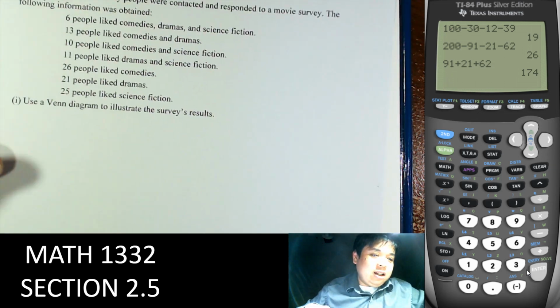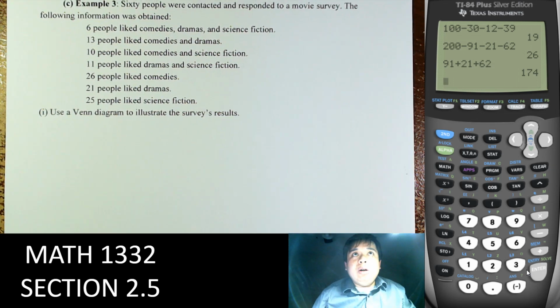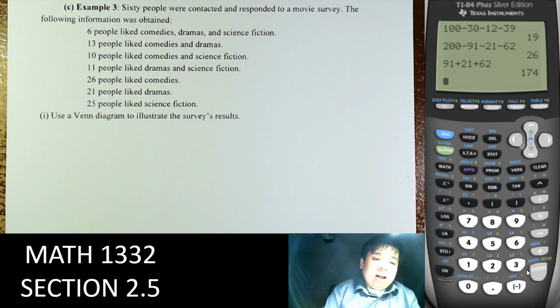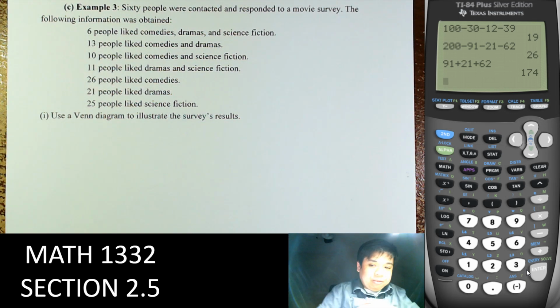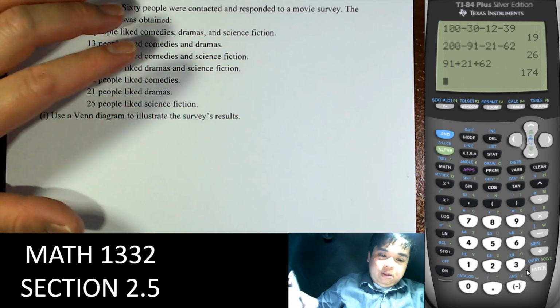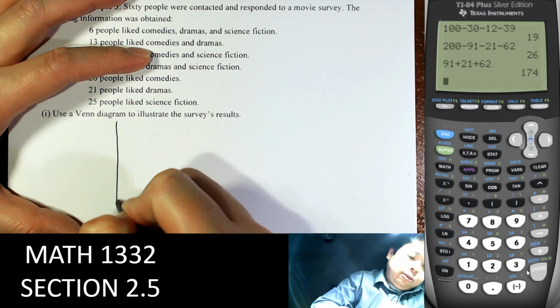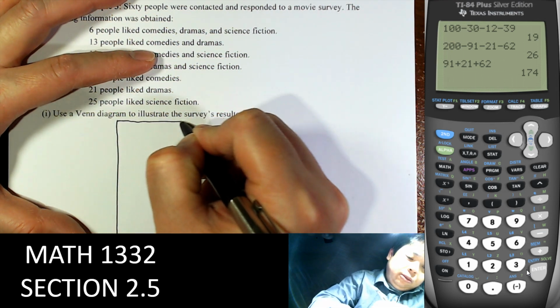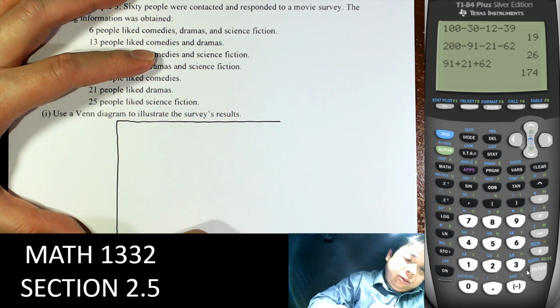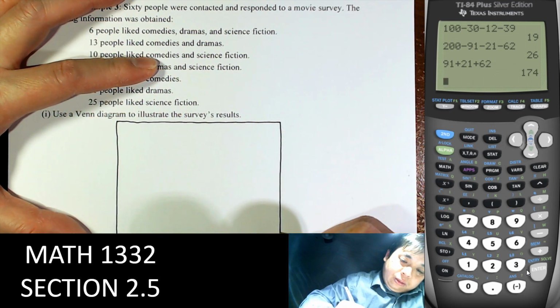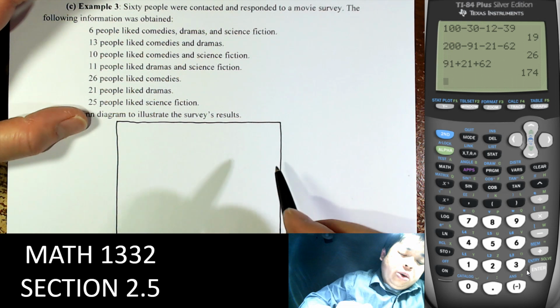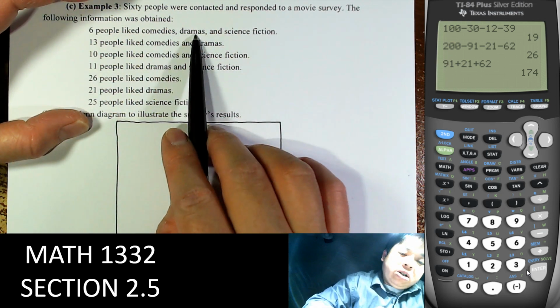Right, next, 60 people were contacted and responded to a movie survey. The following information is given. Well, a lot more numbers this time, right? So this time we have comedies, dramas, and science fiction.